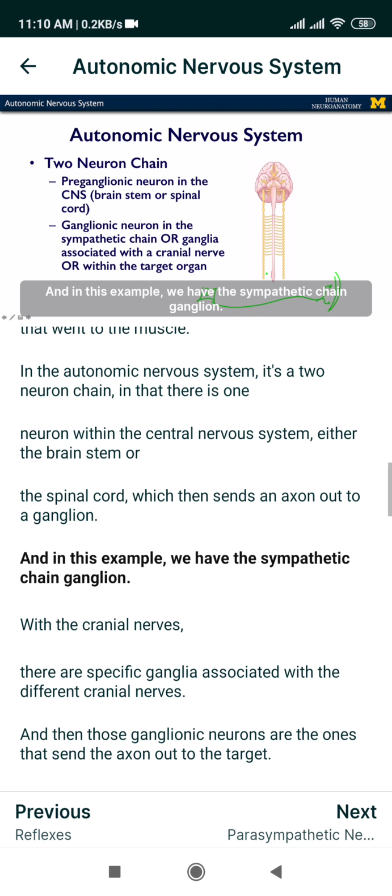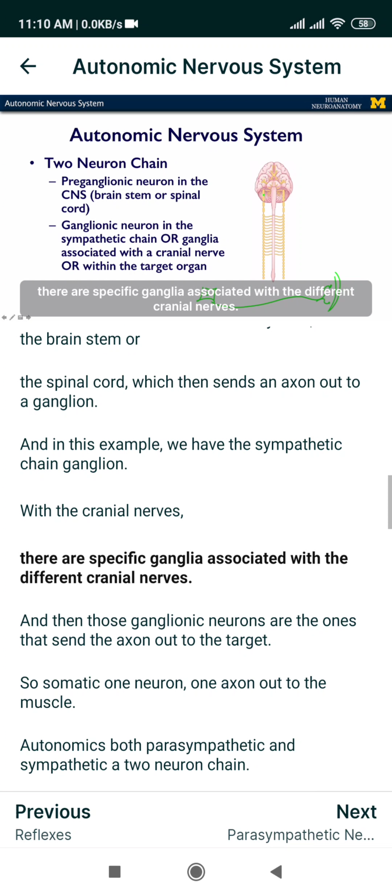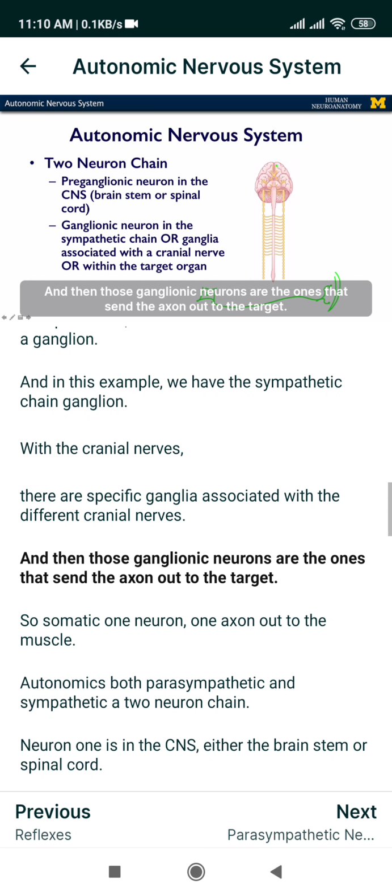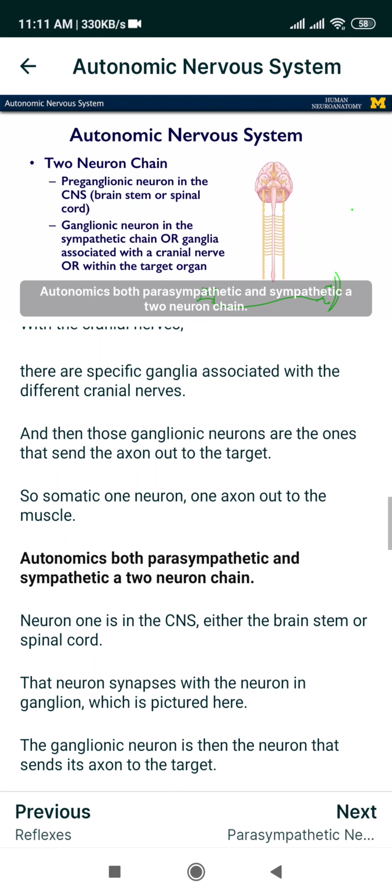And in this example, we have the sympathetic chain ganglion. With the cranial nerves, there are specific ganglia associated with the different cranial nerves. And then those ganglionic neurons are the ones that send the axon out to the target. So somatic, one neuron, one axon out to the muscle. Autonomics, both parasympathetic and sympathetic, a two-neuron chain.